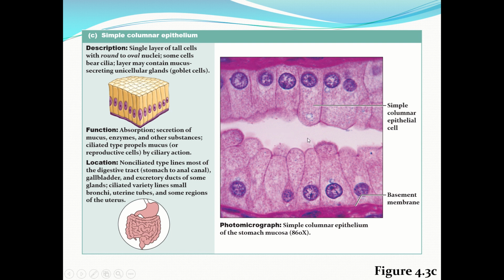The apical surface is going to be facing this interior, whereas the basement membrane has the basal surface of the cell attached to it. And it is like a thick pink band. And you can see that each cell is attached to the basement membrane, and it has the apical surface that is exposed to the interior of the GI tract. So this is one layer.